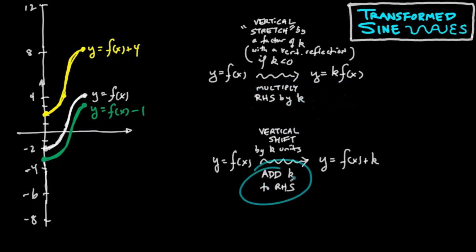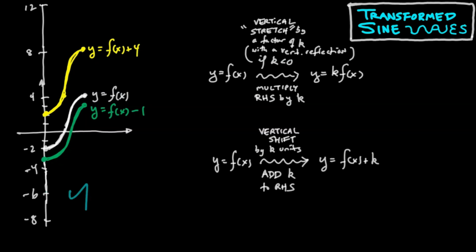Multiply it by k, add k to it. Very easy. Where people get messed up is when our transformations are, geometrically speaking, not vertical, but horizontal. Everything is very different. Everything comes out very nicely for the vertical ones because of this special form, y equals f of x, where the variable that tells us what's going on in a vertical sense, y, is isolated on one side of the equation.